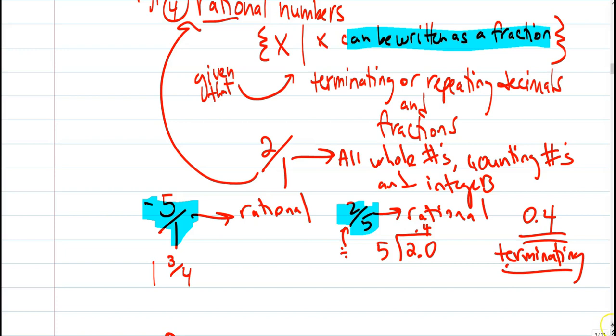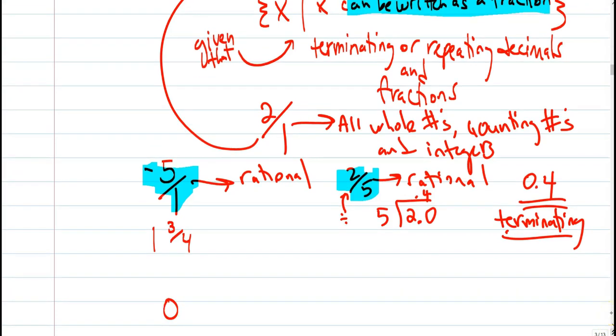1 3/4. Obviously, 1 3/4, we got a fraction, but you're like, yeah, but it's got that 1 there too. Well, a couple ways of doing this. I could turn this into an improper fraction by doing the whole multiply and add. Remember, I think of fractions as part over whole. This says I have 3 parts, and 4 parts make up a whole.